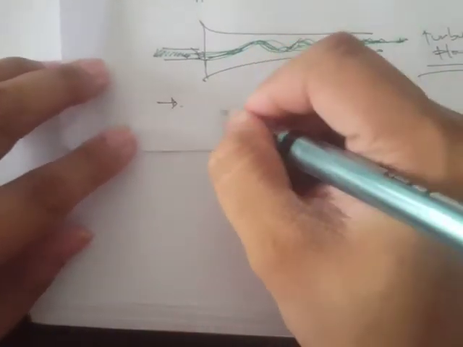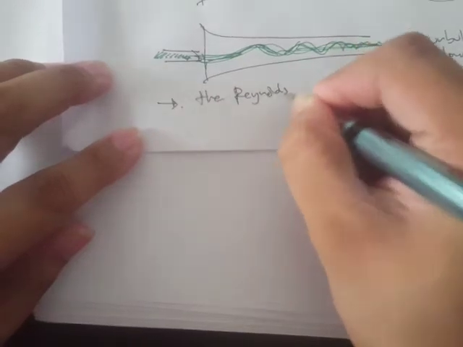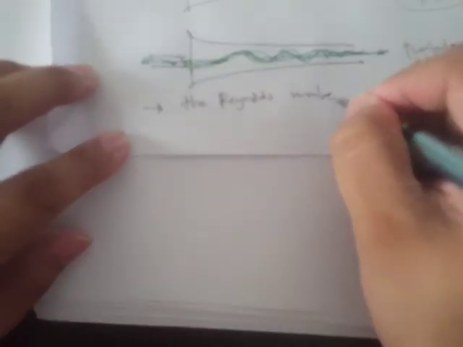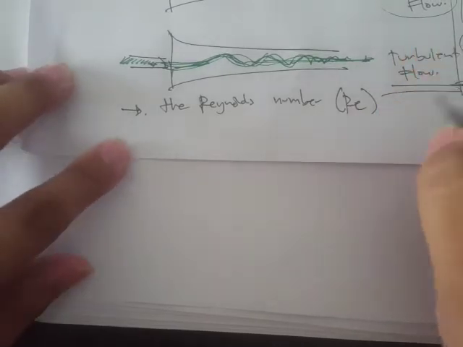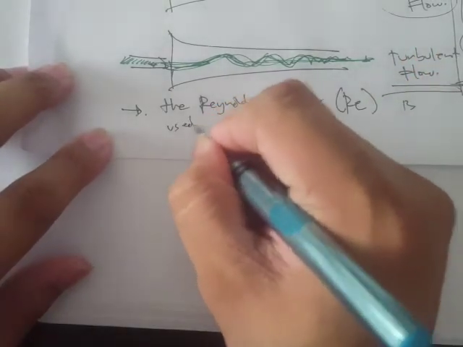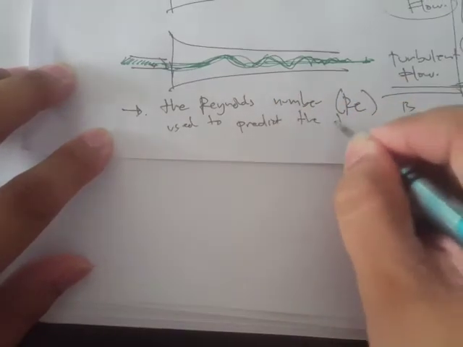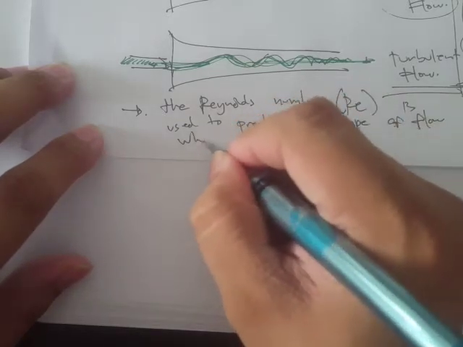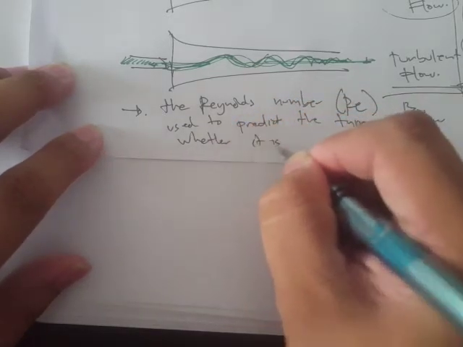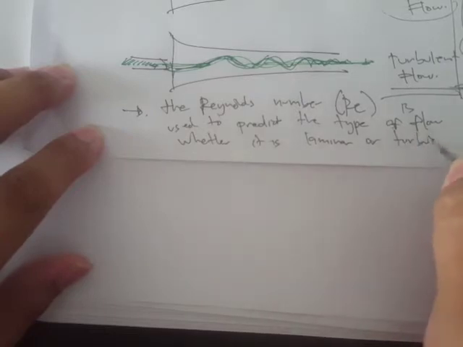Therefore, the Reynolds number, the symbol is RE, is used to predict the type of flow, whether it is laminar or turbulent.